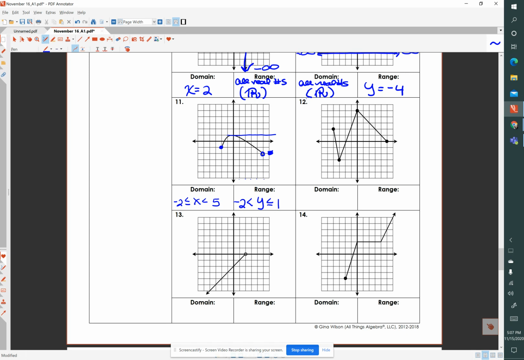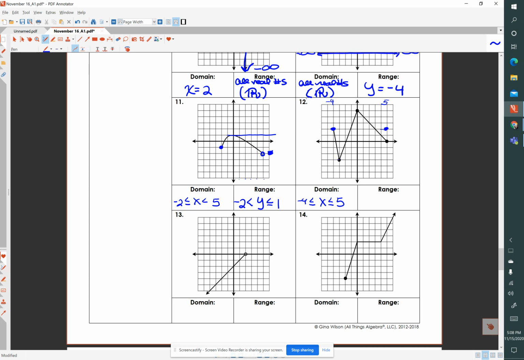So if I look at number 12 and I scan from left to right, I start here at -4 and I go all the way to here, which is a +5. So -4, and those are both solid dots, so they are included, is less than or equal to x. X is less than or equal to 5.